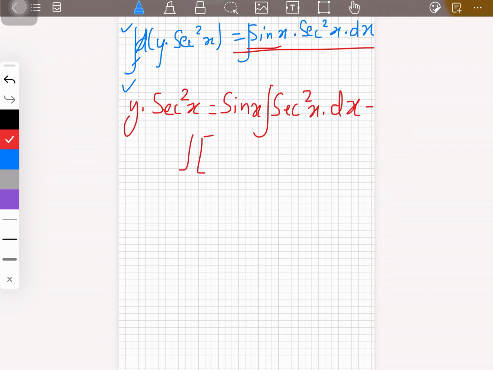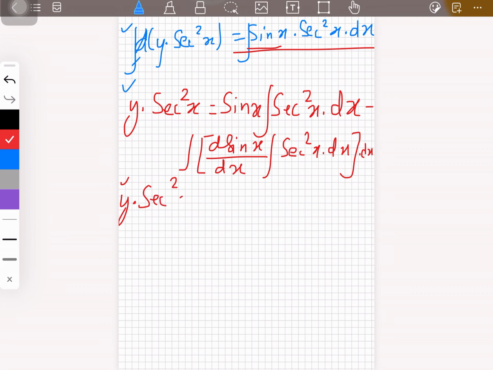So y sec square x is equal to sine x times the integration of sec square x, which is tan x, not very difficult, minus the integration of cos x times the integration of sec square x again, which is tan x.